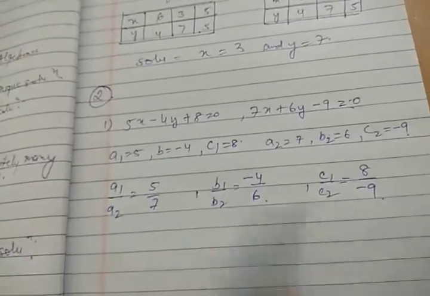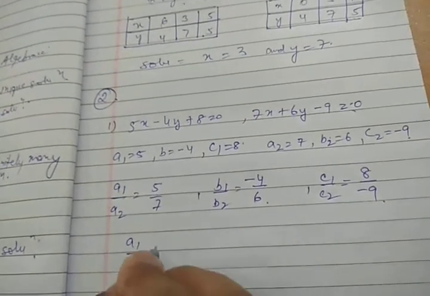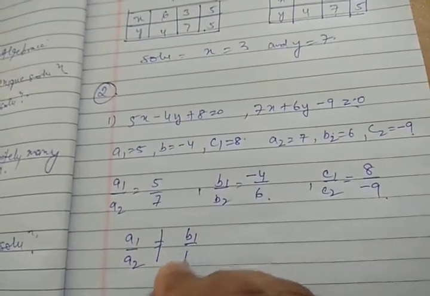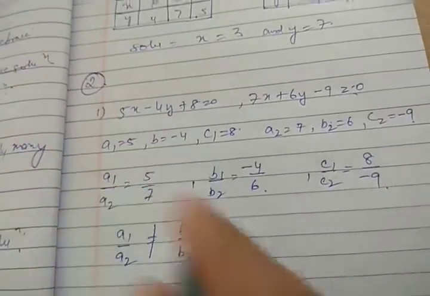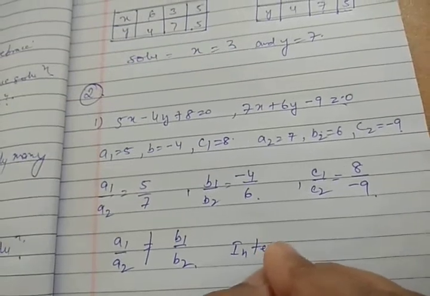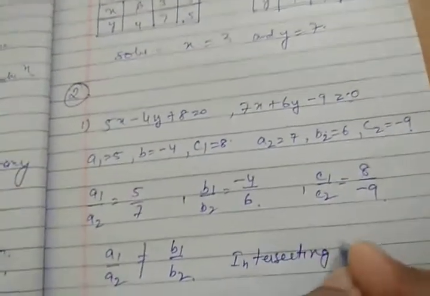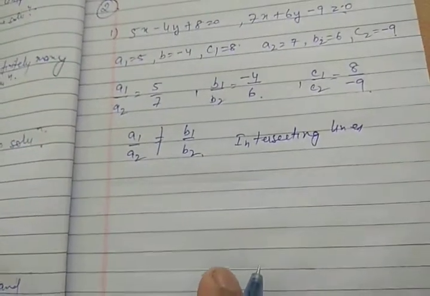Obviously from this ratio we conclude that a1 upon a2 is not equal to b1 upon b2. Hence these lines are intersecting lines.